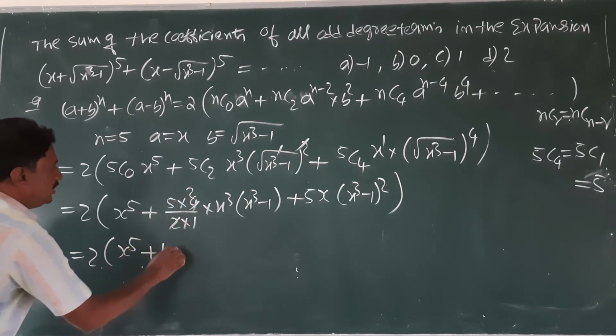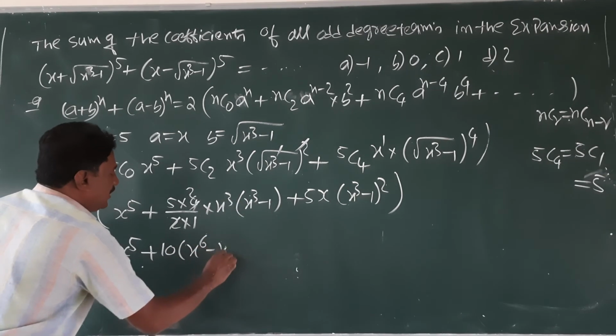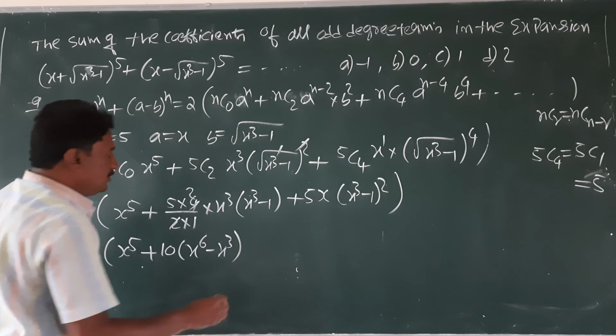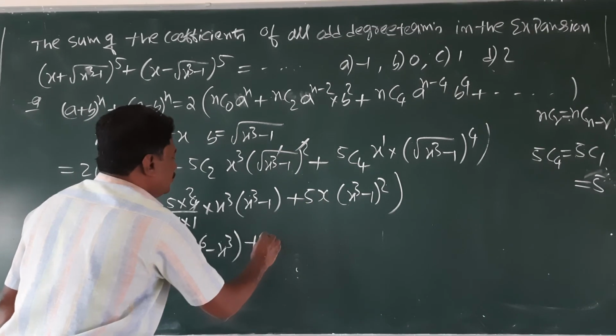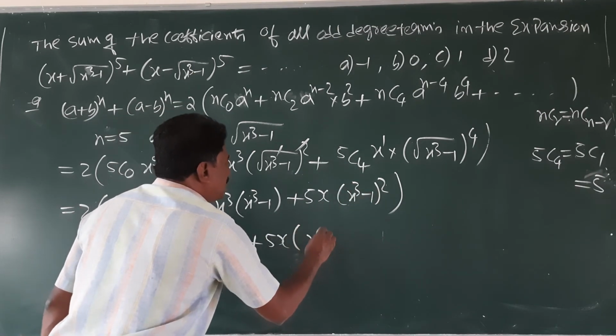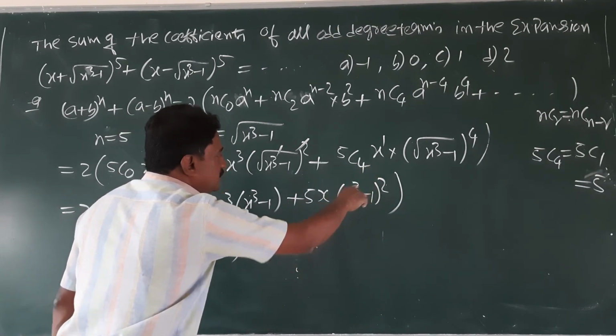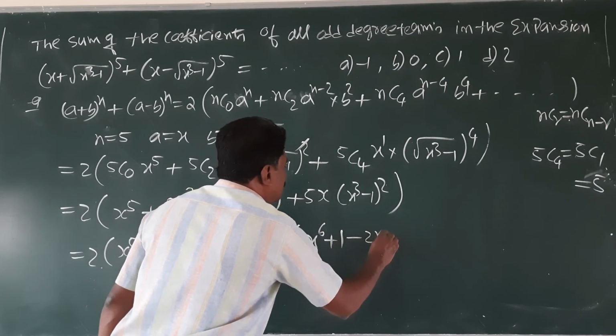Simplify that: 2 into x power 5, plus 10 into multiply x power 6 minus x cube, plus 5x into expand a minus b whole square: a square is x power 6, plus b square, minus 2ab, 2x cube.